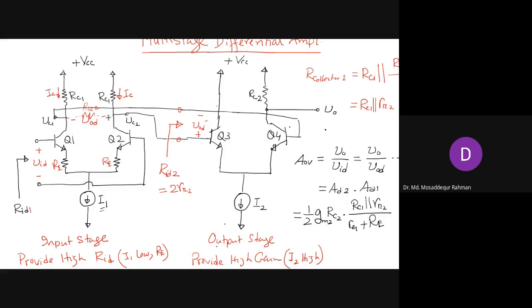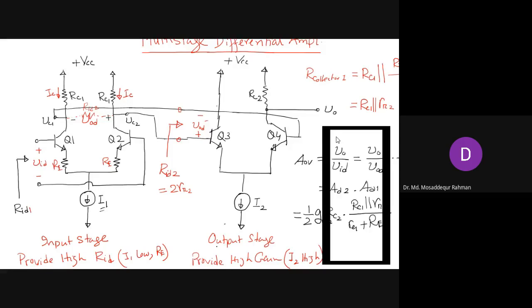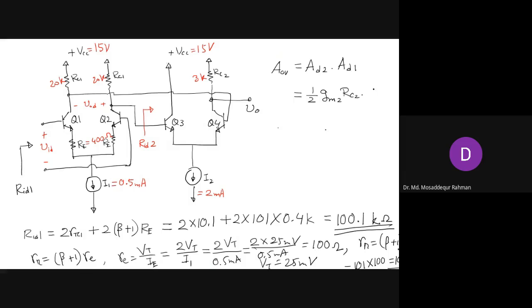Okay, that is how we wrote, and the first case was the effective RID2, so that is RID2 by 2, and then we have small RE, and then this one RE, right? So that is the gain, and then GM2 was IC2 by VT. IC2 is half of this, so we can write I2 by 2 VT.